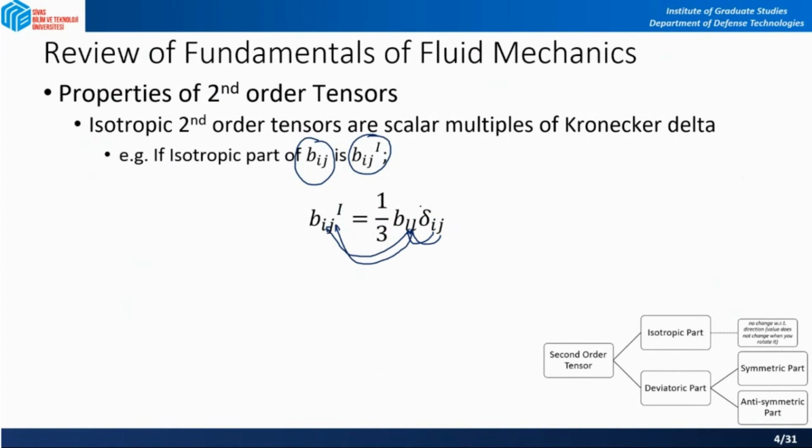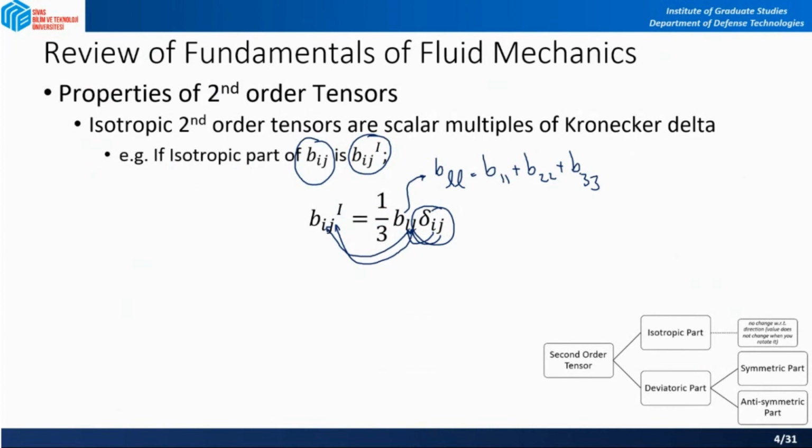In order to match the indices, I have this ij in the left hand side, so I have to have this delta ij in the right hand side to match this. The Bll was a trace, so actually it denotes the summation. Bll is actually B11 plus B22 plus B33.